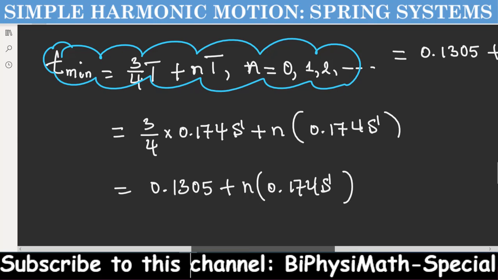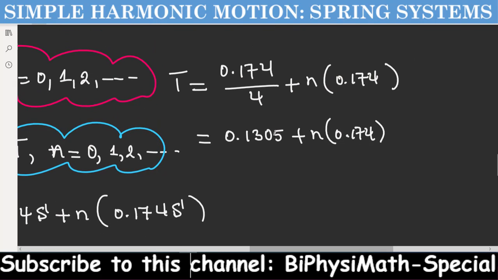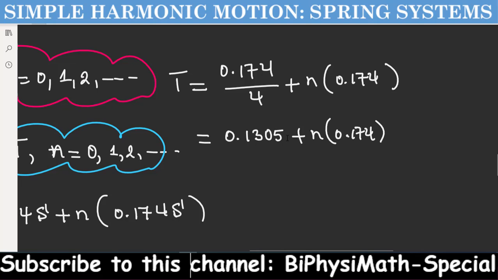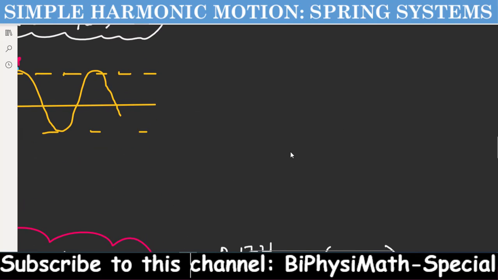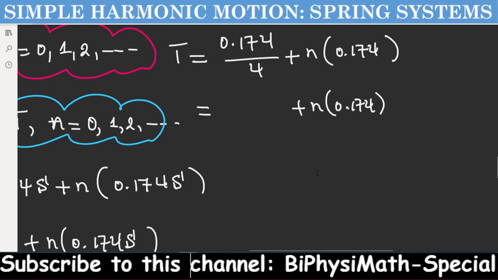Here there is a mistake. Doing this using a calculator, you will find 0.1305 seconds.